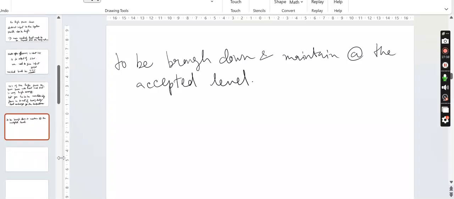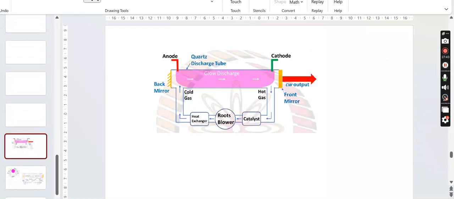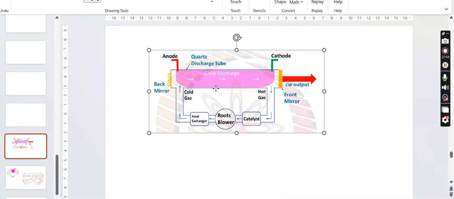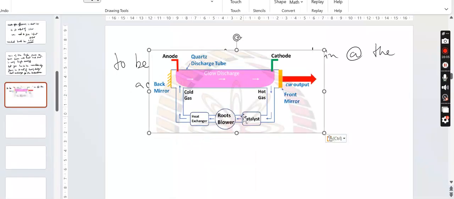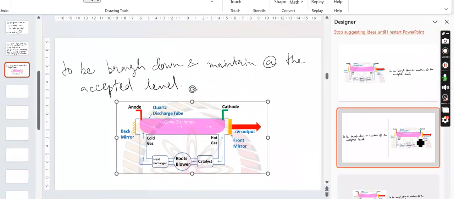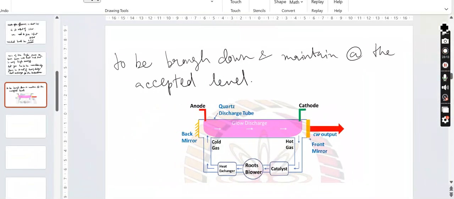That means the laser head needs to be integrated with the gas circulation loop, comprising an appropriate gas blower and heat exchanger, and that is the schematic. So, a gas blower and heat exchanger are needed, and this is the schematic.